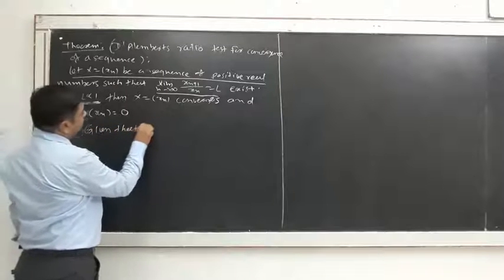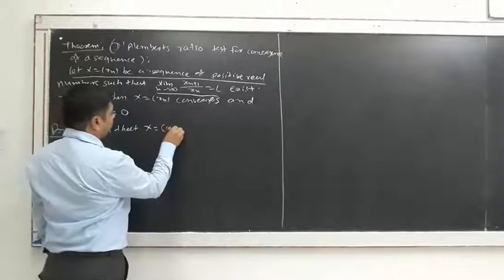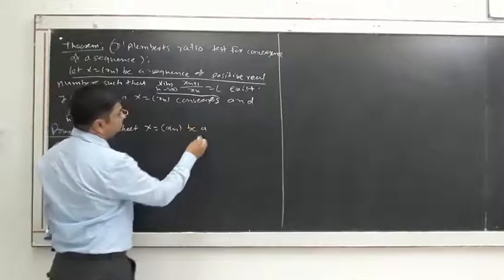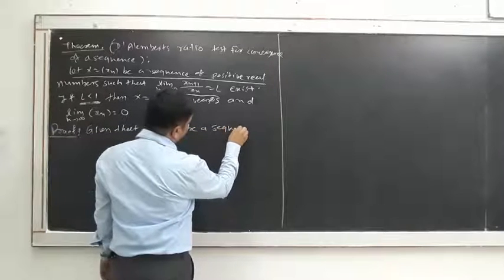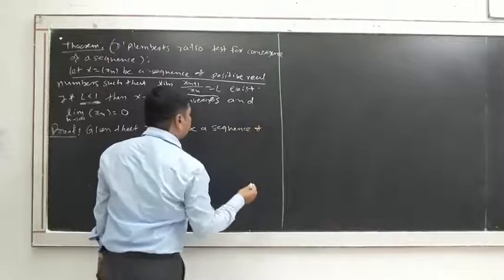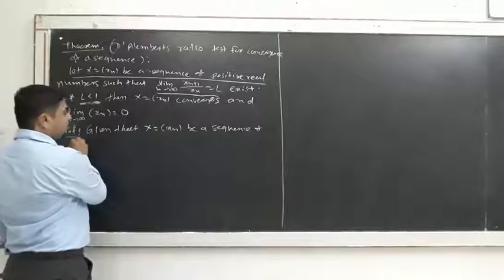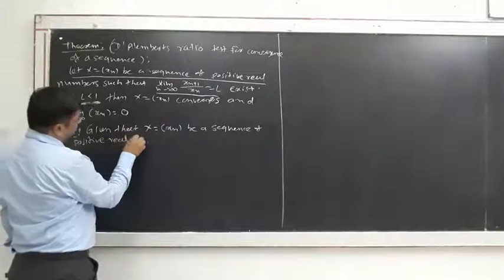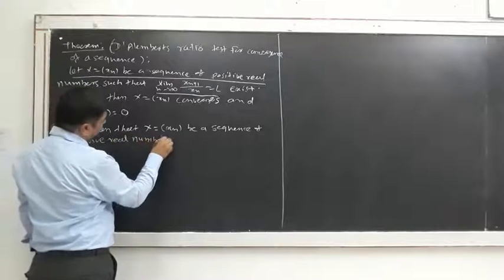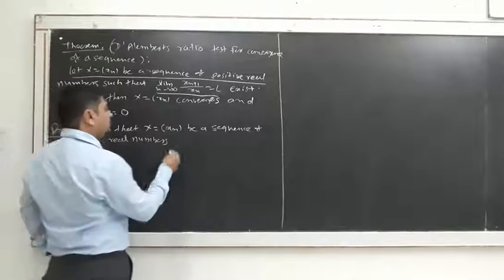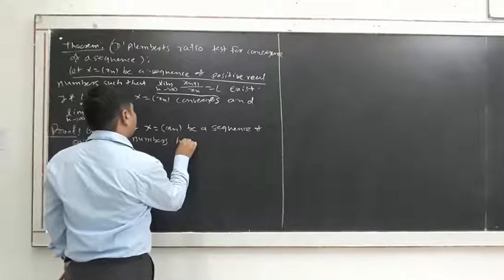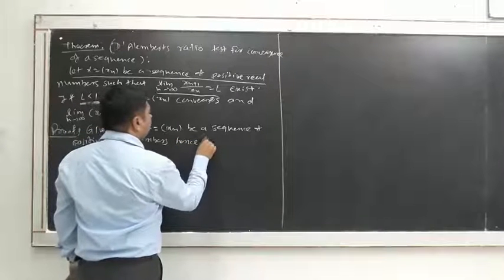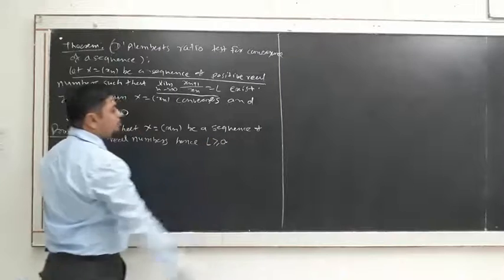Given that x = (xn) is a sequence of positive real numbers. Hence L must be greater than or equal to 0.